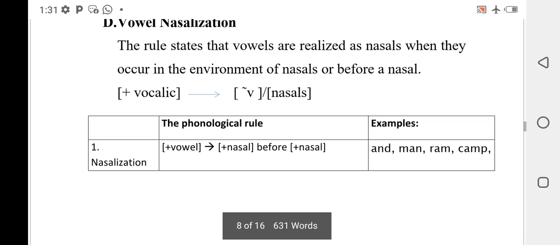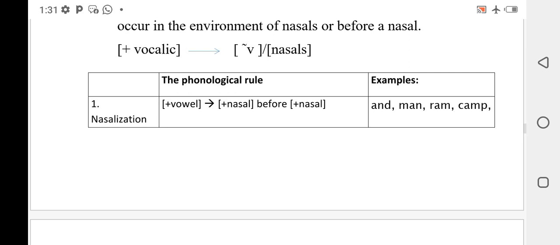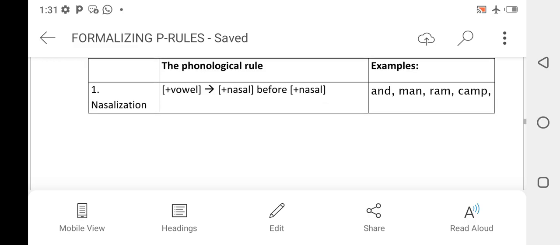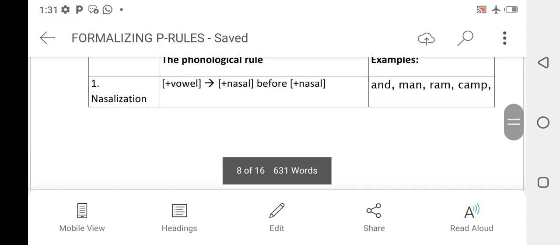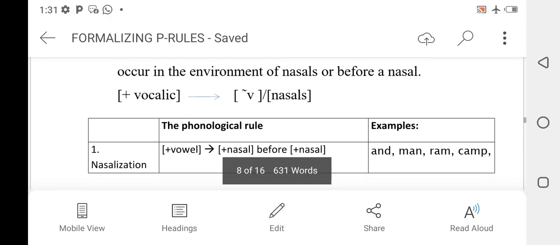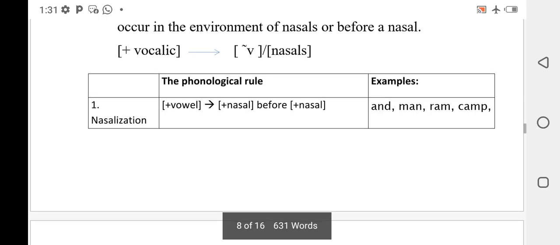So we have looked at the formalization of 4 rules. These are the phonological rules with their formalization, and then the rules themselves. We have one, nasalization. The phonological rule here states that plus vocalic will become plus nasal when it comes before a nasal.